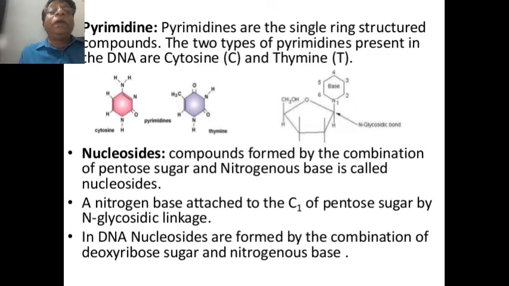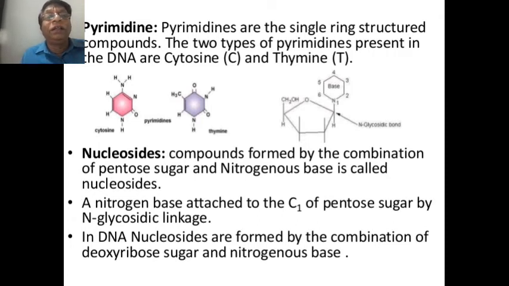The pyrimidines of DNA are two types, cytosine and thymine. Cytosine in brief C, thymine in brief T. But another pyrimidine, uracil, is present in RNA.